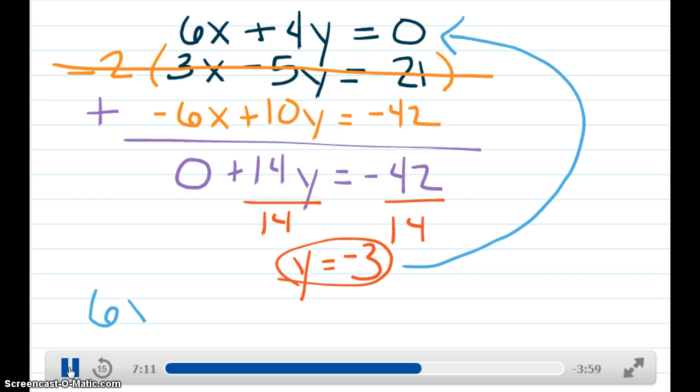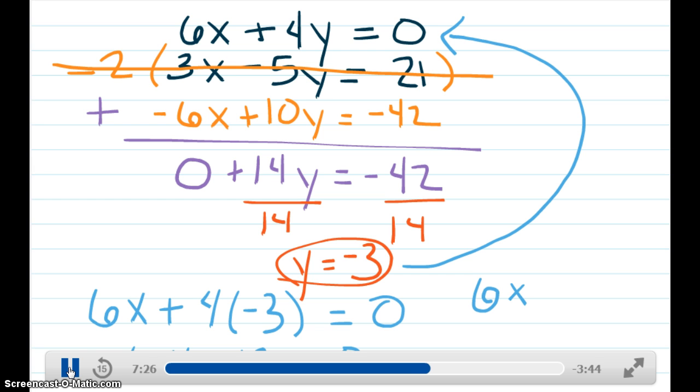So we have a 6x plus 4 times negative 3 equals 0. So then we simplify. 6x minus 12 equals 0. We add 12. 6x equals 12. We get x equals 2 once we divide. And so our answer is 2, negative 3.